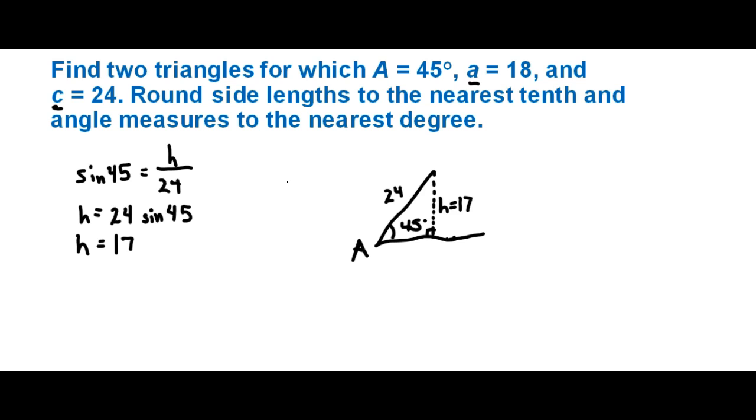So a being 18 could technically either swing inward and create this triangle, or it could swing outward and create a bigger triangle on the outside. We're going to have to describe both of those. So let's draw a little angle here.